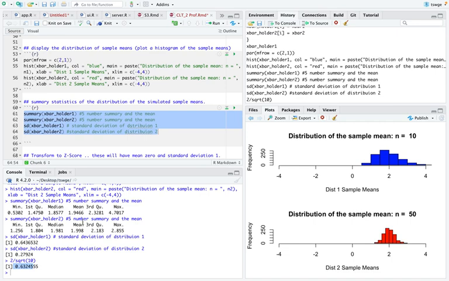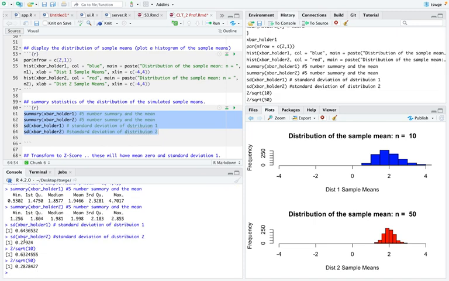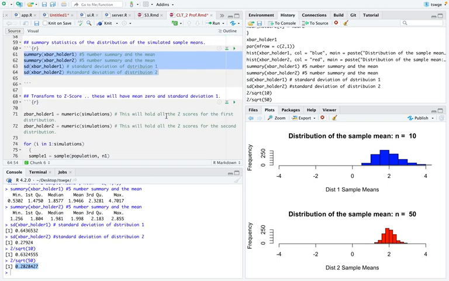Now note, when I get more information, the central limit theorem should perform a little better, and sure enough, this is a little bit closer to 2, which is what we know mu, the population mean, to be. And again, if I do 2 divided by the square root of 50, I get pretty close to what I have here, 0.279, 0.282. Those are pretty close to each other. So that is the central limit theorem through a simulation.